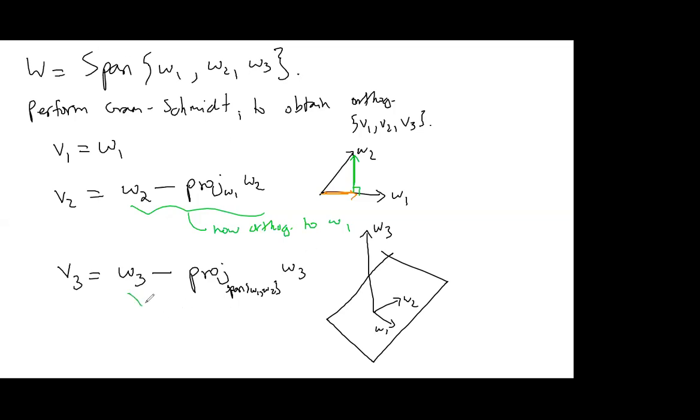So this is now orthogonal to the span of W1 and W2. And this is Gram-Schmidt. And you just keep doing this over and over again.